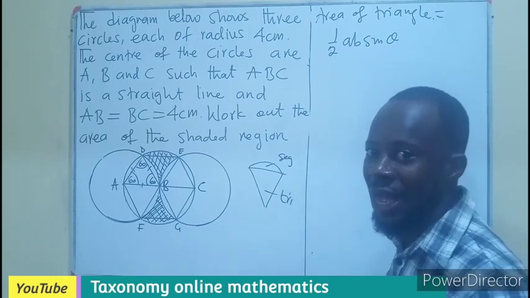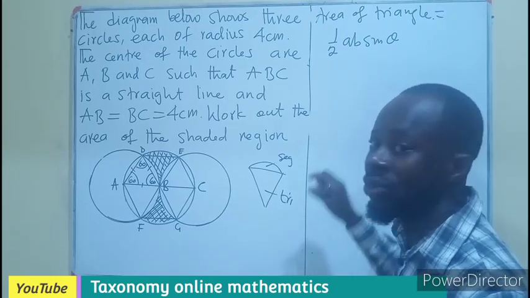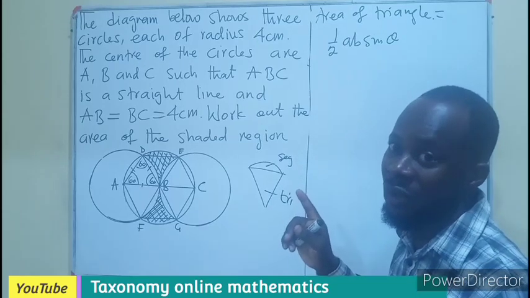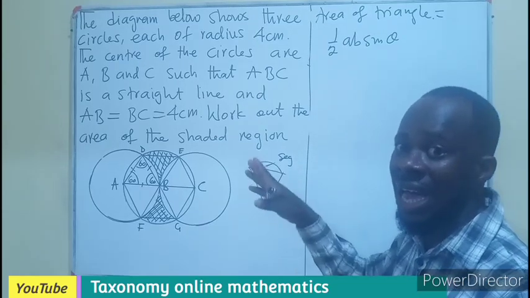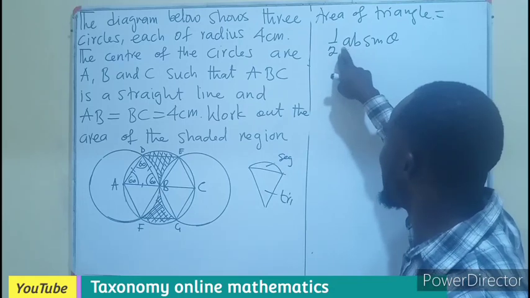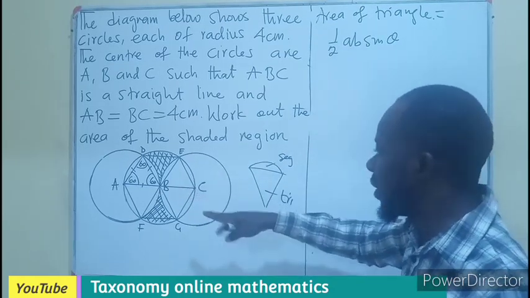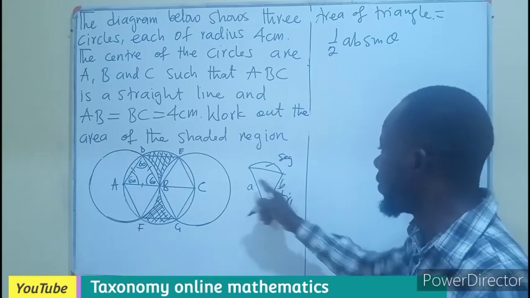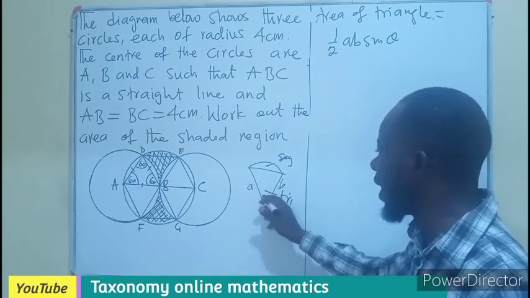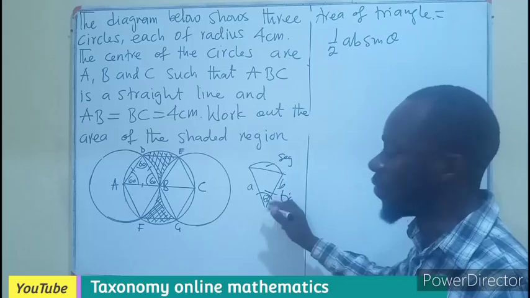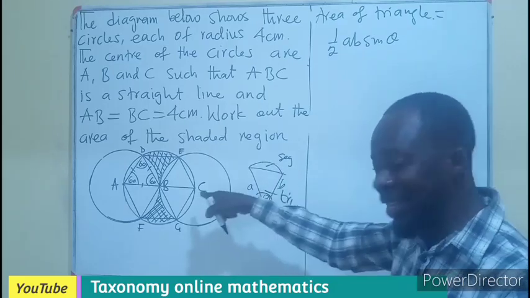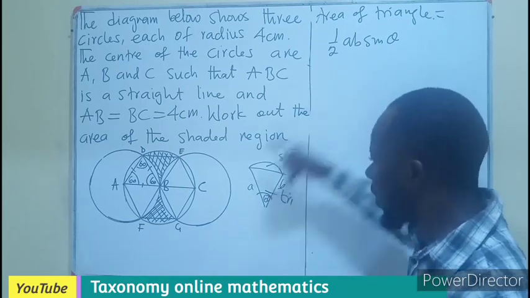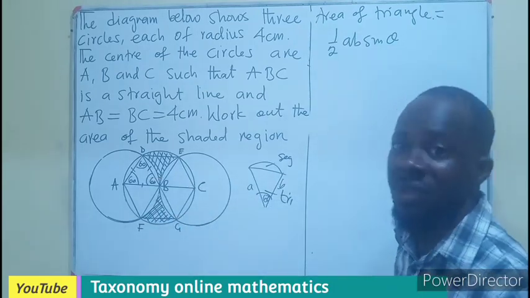If you check my playlist, I have a tutorial on how to find the area of triangles not using half base times height. Here a and b stand for the two sides that are inclined, which are the same, 4 centimeters each, and the angle at the center is 60 degrees.